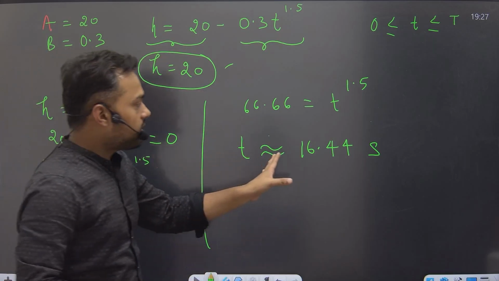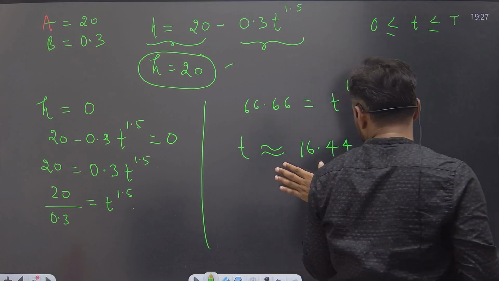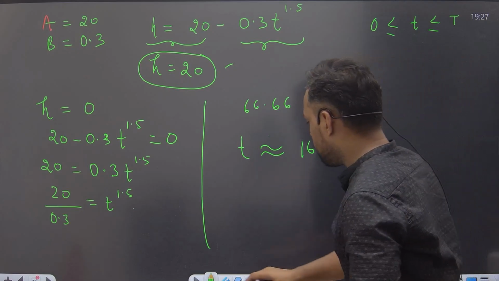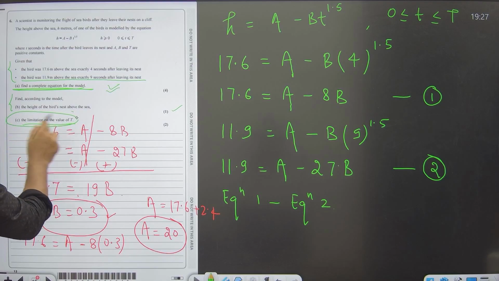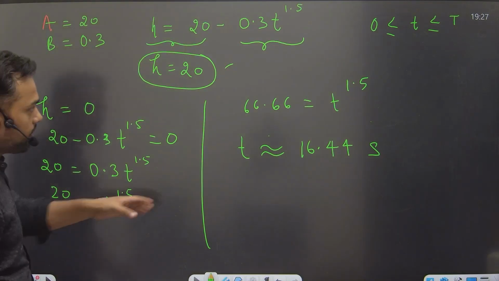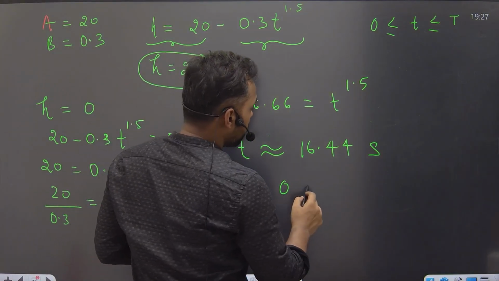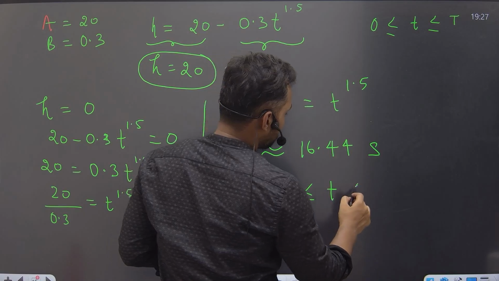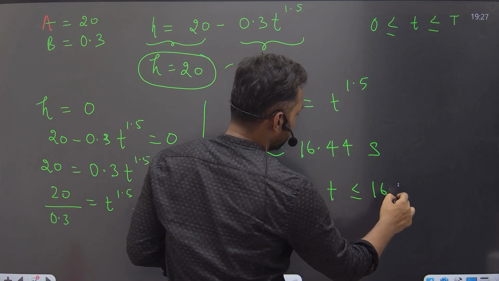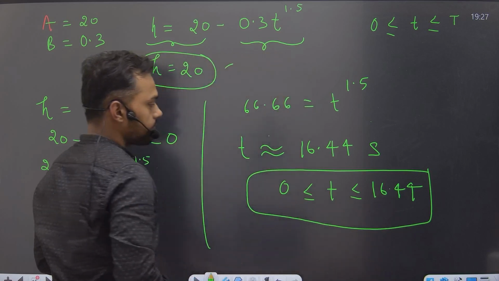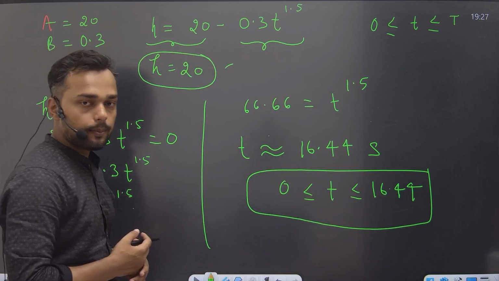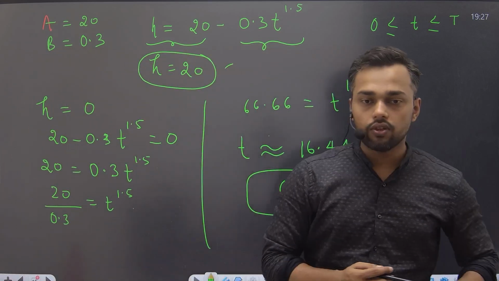So the maximum value of t will be 16.44 seconds. Limitations they have asked for. So the limitations will be 0 less than or equal to t less than or equal to 16.44. This will be the limitations, student, roughly. Okay, this is how we need to calculate this question.